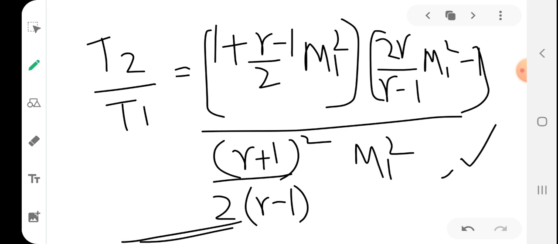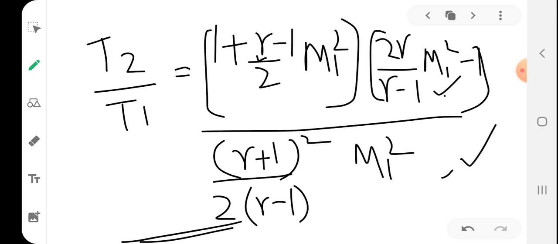That is why we are using gas tables. While doing problems, there is no need for using this equation itself, because we are doing problems based on tables only. For a given Mach number and given gamma, the ratio of T2 by T1 is tabulated.